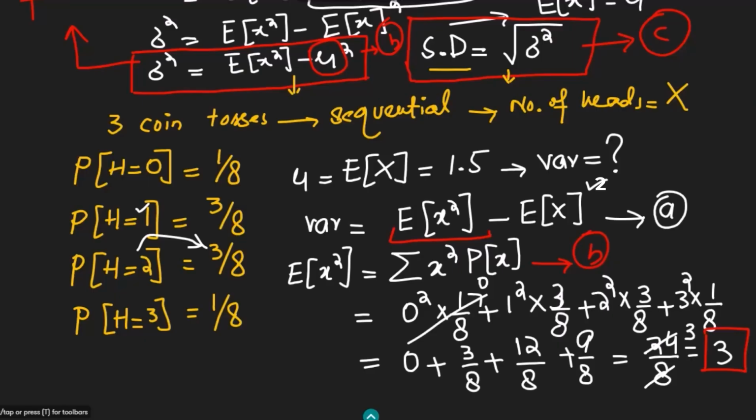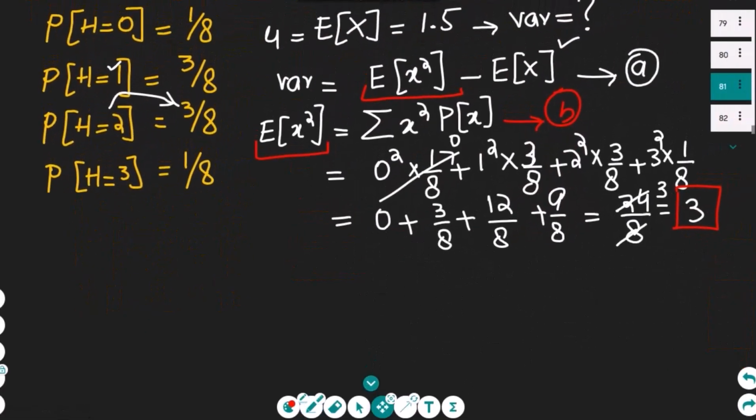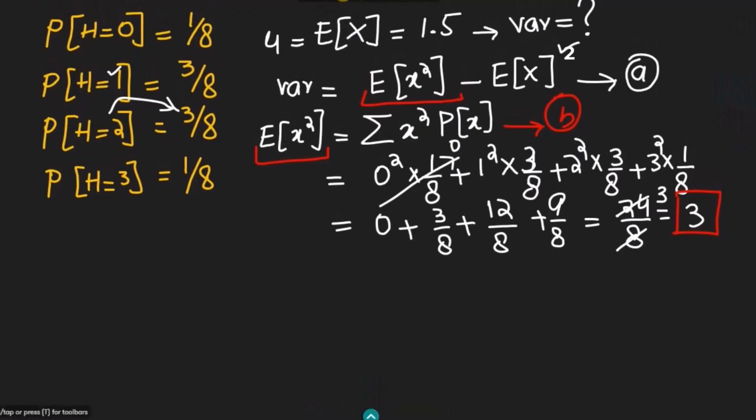Let me take this calculated value of E of x square and put it in part A. So the variance will be, from equation A, E of x square, that is 3, minus E of x, that is 1.5.